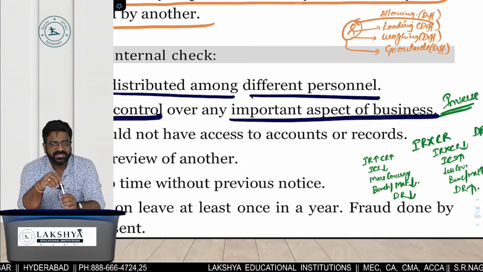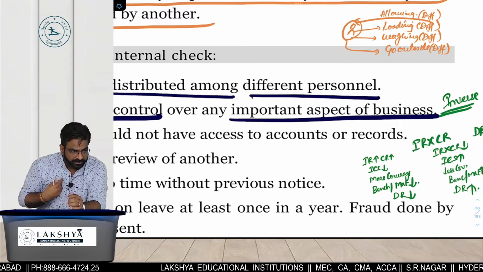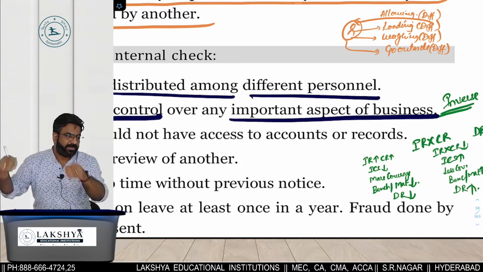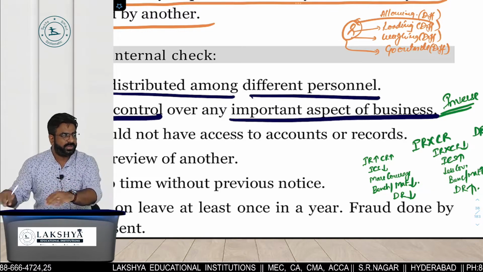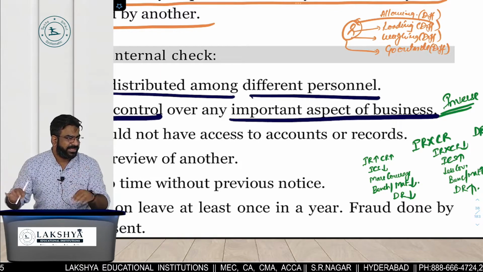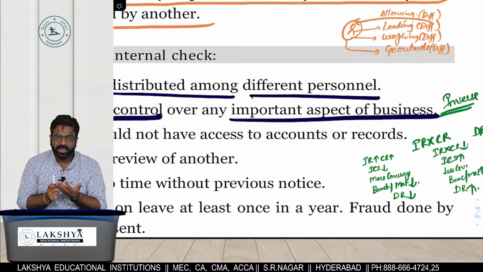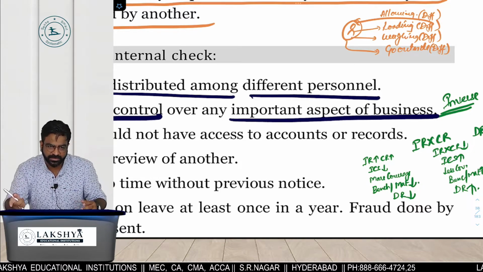There is a purchase manager in my company. As an MD of my company, I gave the 200% powers to him only. कि भैया, you only invite the tenders, you only select the tenders, you only decide the quotation, you only take care of everything. Now tell me, am I too much dependent upon one person?